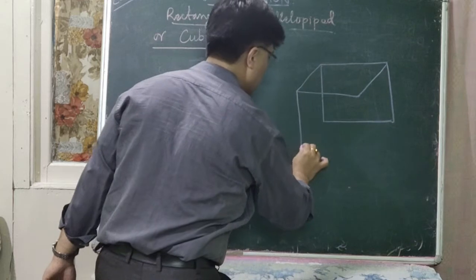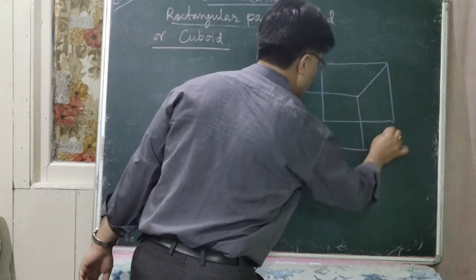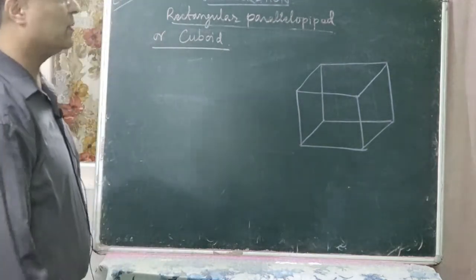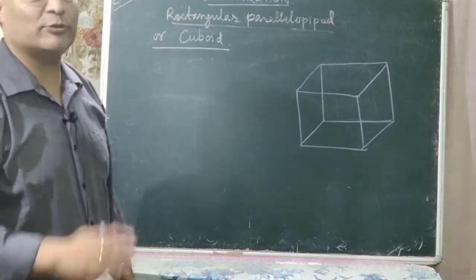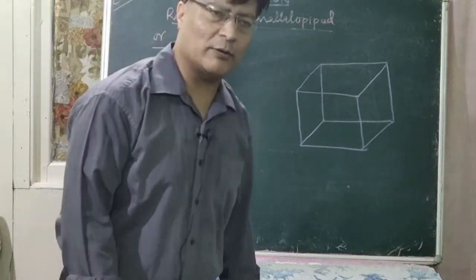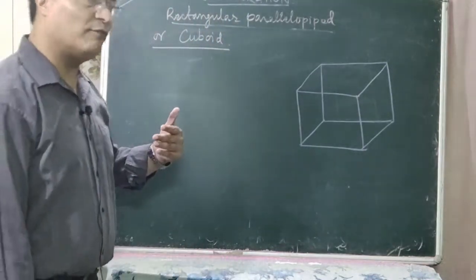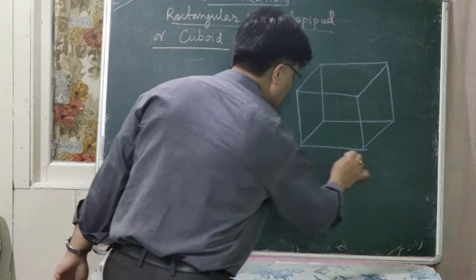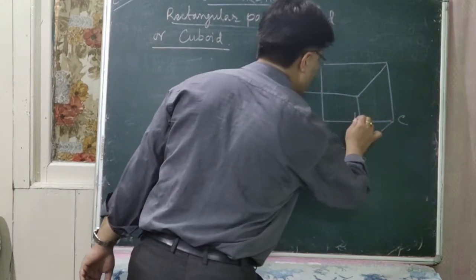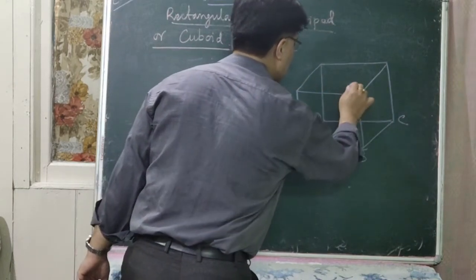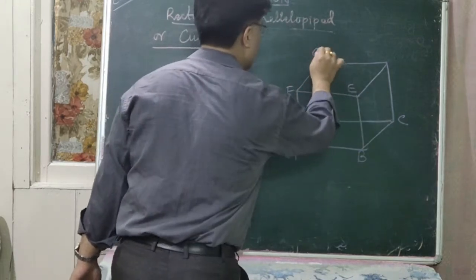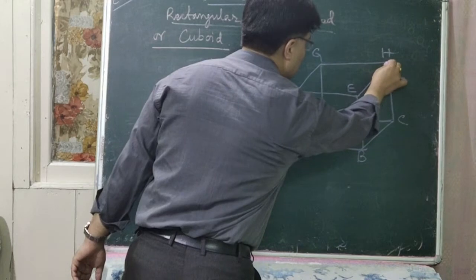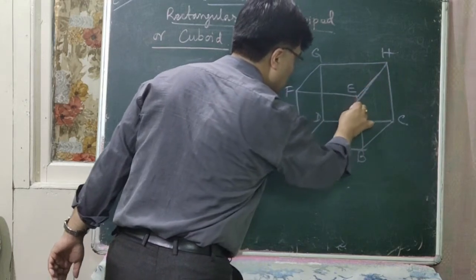So this is a rectangular parallelepiped, right? So diagonal means, how many diagonals can you draw in a rectangular parallelepiped? We can draw 4 diagonals, so let us draw one of the diagonals. So let us write the name out here: A B C D E F G H.